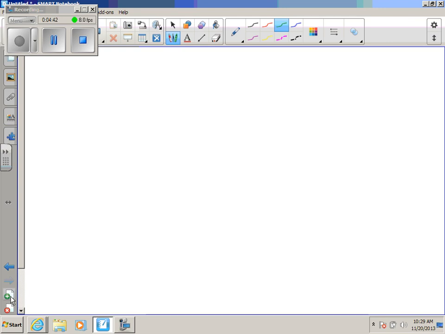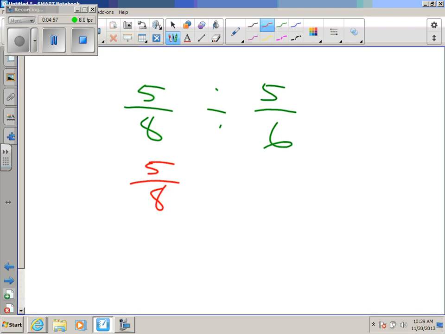So 5/8 divided by 5/6. Let's go back to that one. Everything is in fraction form, but I need to multiply by the reciprocal. The first fraction does not change. 5/8 times, we're going to flip that, make it 6 over 5.